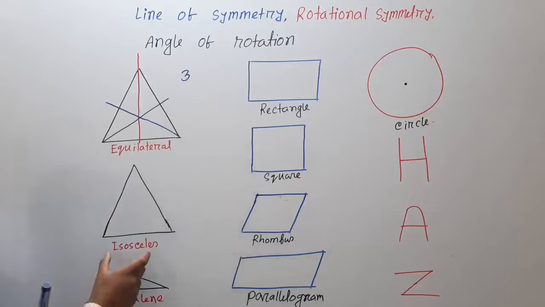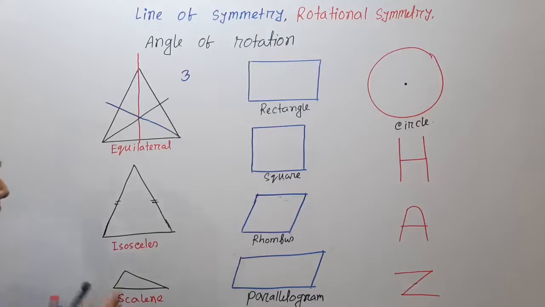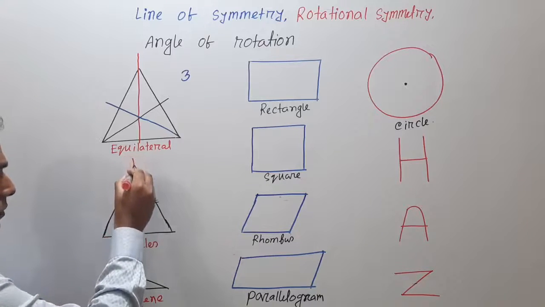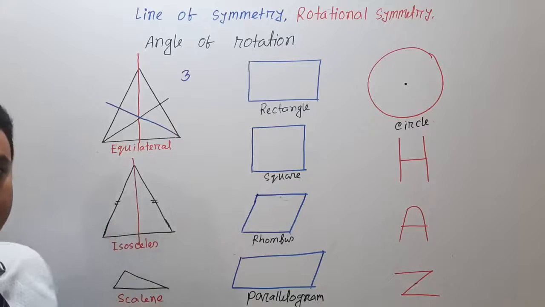Then this is an isosceles triangle. If these two sides are equal, then this side is not equal. If this triangle is divided into two parts by this line, then this half and this half exactly overlap, so it has one line of symmetry.